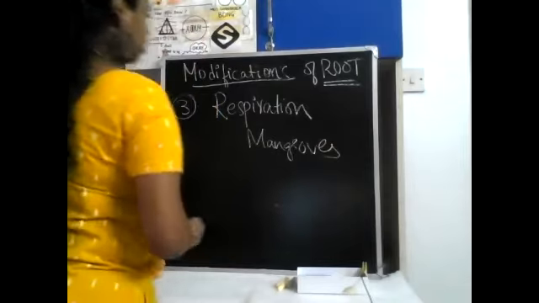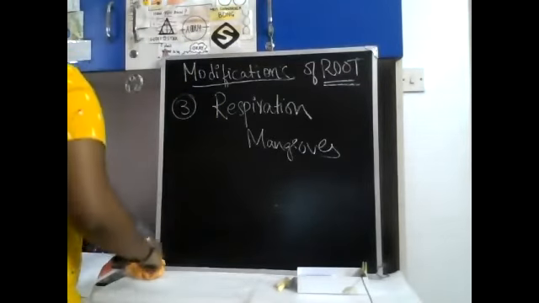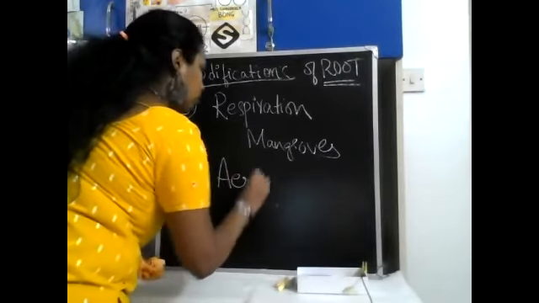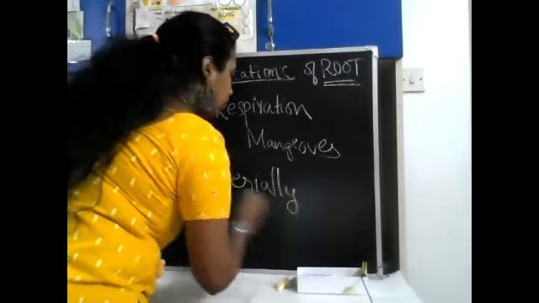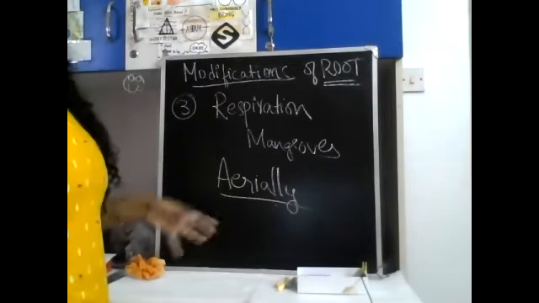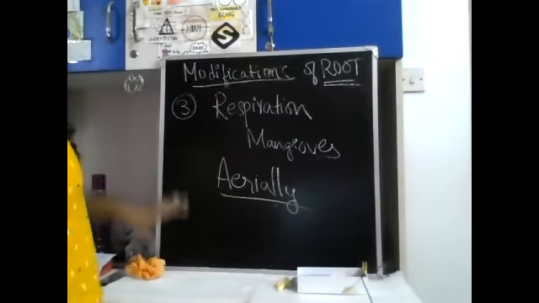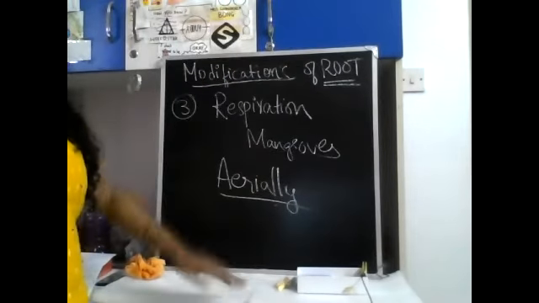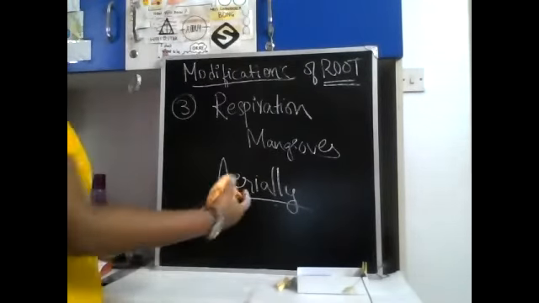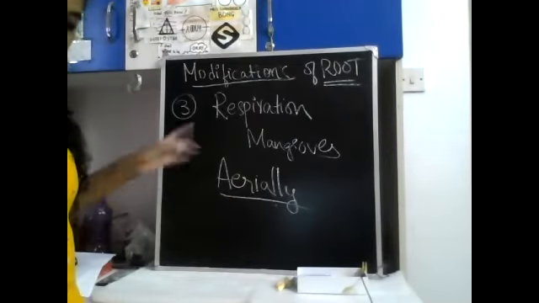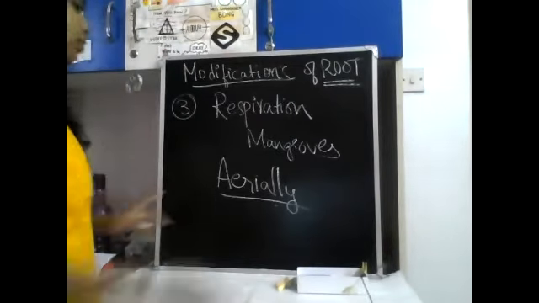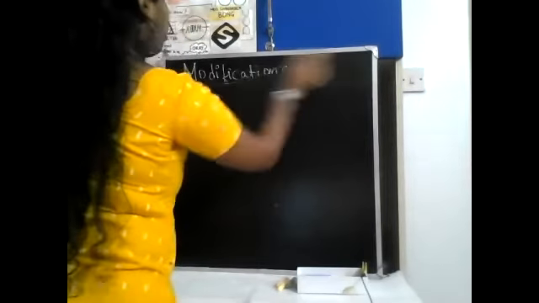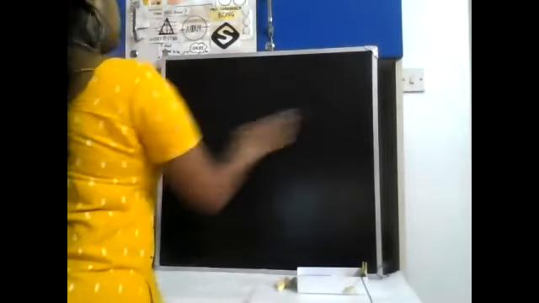Here the roots will grow aerially. This is the keyword here. It grows aerially, which means that it grows above land on the shoot system, and it provides extra surface area for respiration. Okay, so that is all we have for root system.